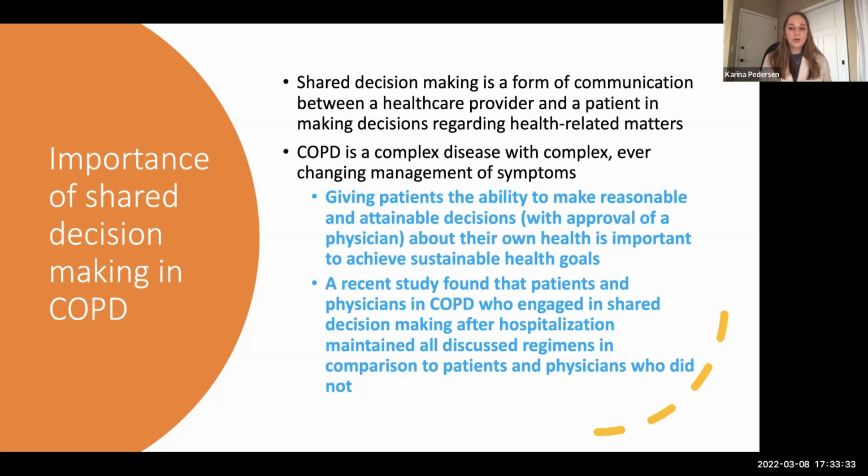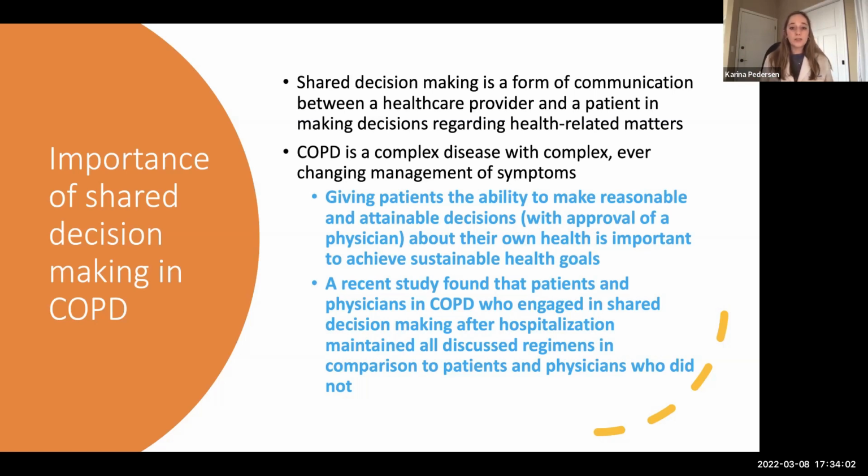Giving patients the ability to make reasonable and attainable decisions about their own health is important to achieve their health goals. So if you are talking with your physician and you say, oh, I can't take 2 inhalers a day, well, your physician would work with you to work out a deal, per se, about what is best for you and what is also attainable for you.